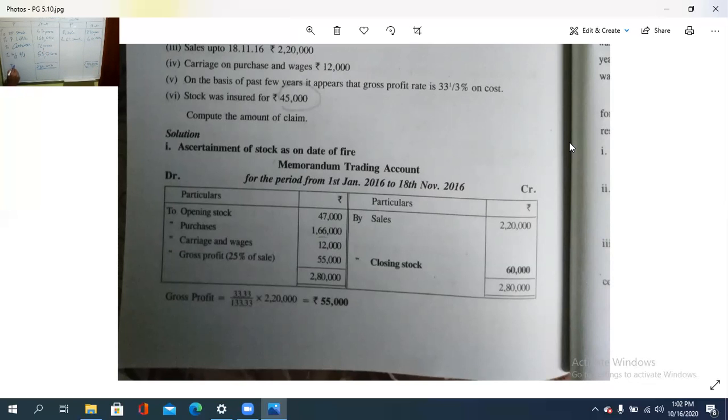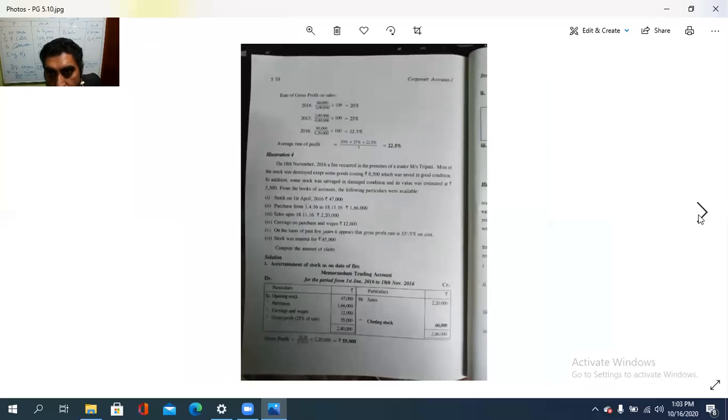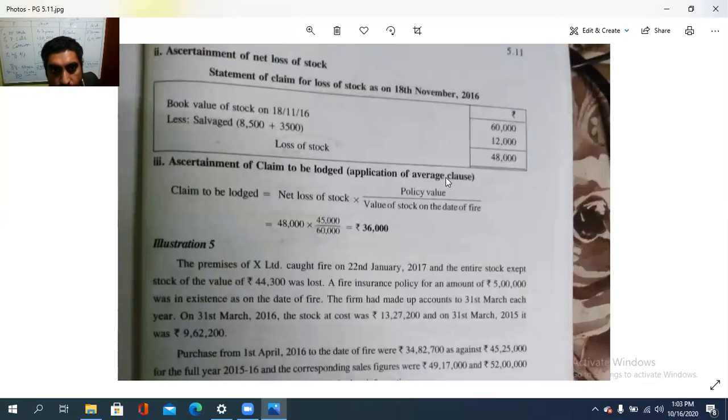Book value 60,000 less salvage value 8,500 plus 3,500, that is 12,000. So 48,000 is the loss of stock. So the net value of the loss of stock is 48,000, and 60,000 is the book value.